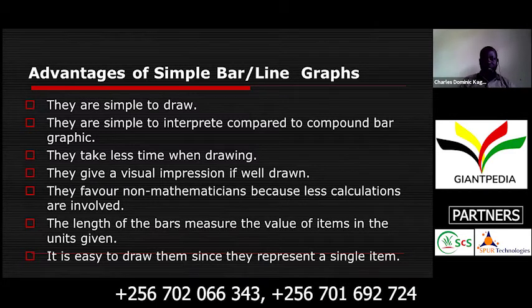Now, I want us to switch from here. There are questions that you have already seen. Maybe they ask part A, and then part B, they ask you what are the merits and the demerits. Sometimes, what are the advantages and the disadvantages of bar or line graphs. Now, it is important that students get focused. Question 1 sometimes has 3 sections. It has A, draw, maybe a simple bar graph.